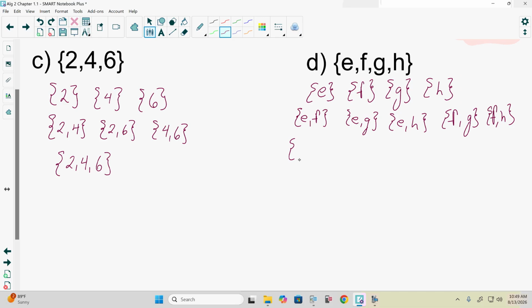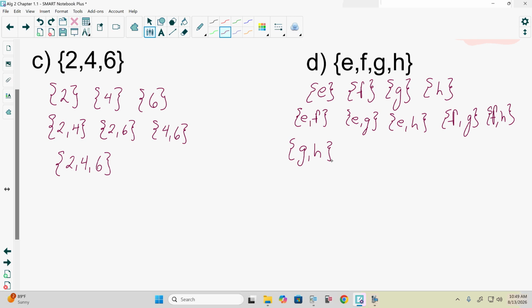So then we'd move on to what? G, and we'd have GH. Then we just follow through with that, but there's no other letters after H. So we've taken care of all the subsets that have just one element. Now we've taken care of all the subsets that have 2.